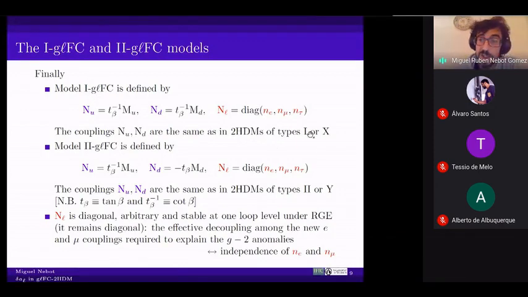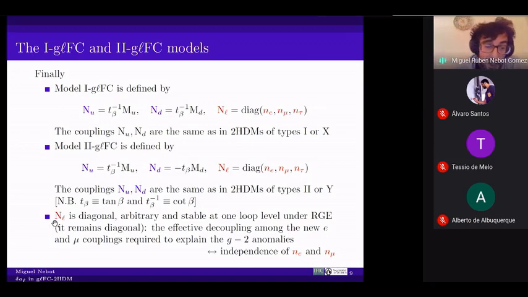One has the same quark sector couplings as two Higgs doublet models of type 1 and also of type X, but that's for later. And the second model is the one in which the dependence is different in the down sector. This one is the same as two Higgs doublet models of type 2. Good.